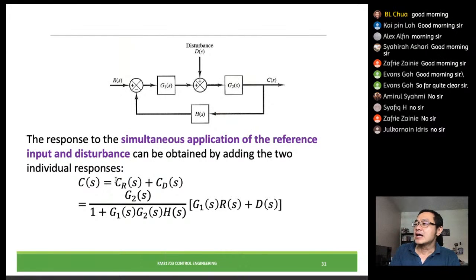Now, as we have seen, if we investigate the disturbance and the input signal and their response to the output, we can combine them together to form this form. So this is the equation that you may get.